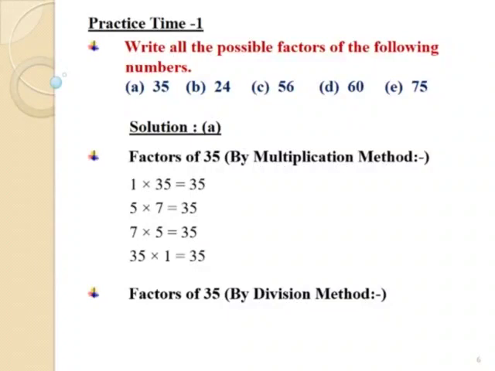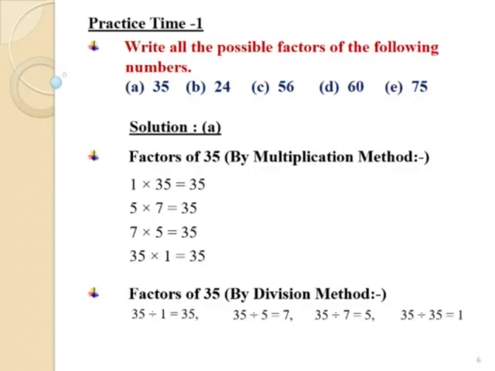Thus, 35 divided by 1 equals 35. 35 divided by 5 equals 7. 35 divided by 7 equals 5. And 35 divided by 35 equals 1.